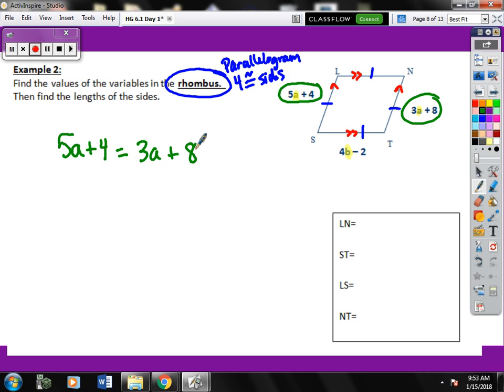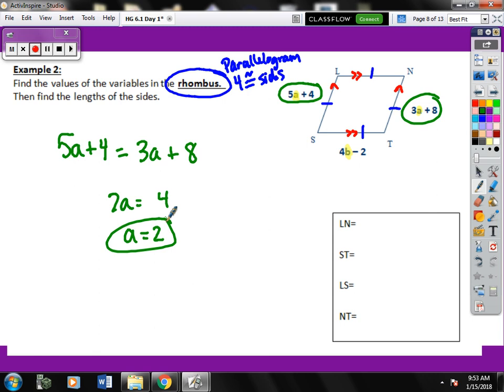Go ahead and solve that. You should get A equals 2.